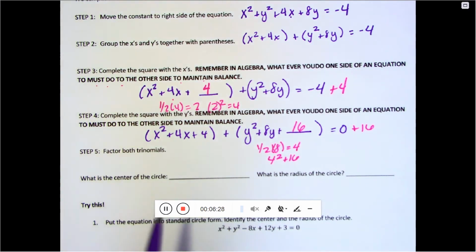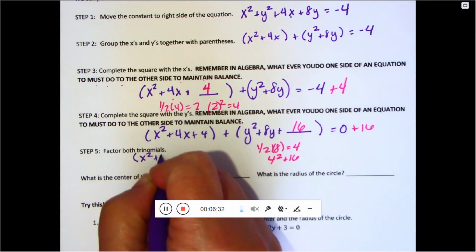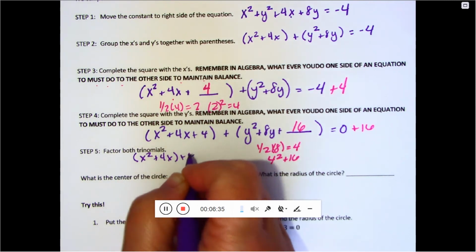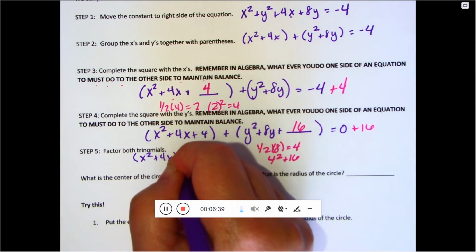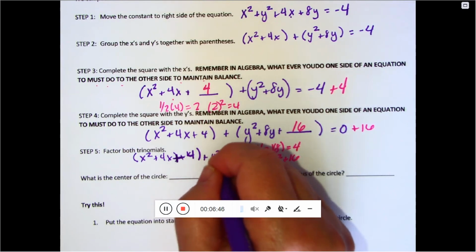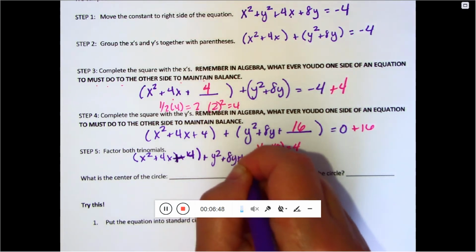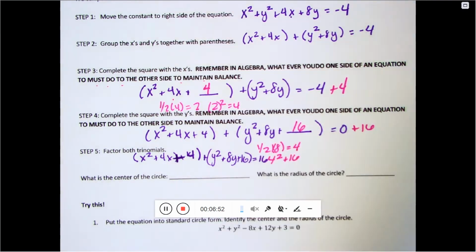Okay, so what does my equation look like now? I have x squared plus 4x plus 4, sorry that's so messy, and then I have plus y squared plus 8y plus 16 equals 16.